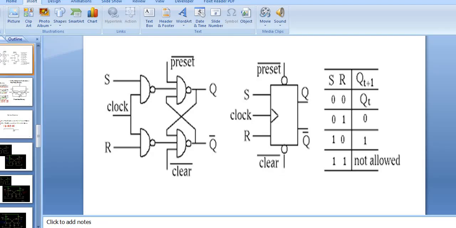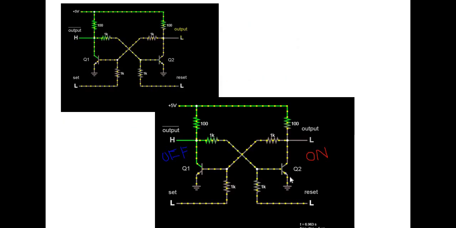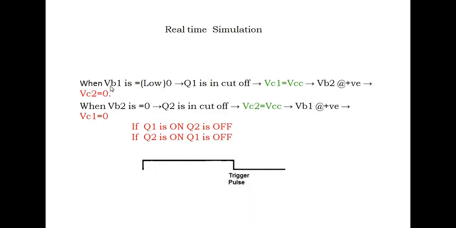So this can be explained in this way, right? When VB1 is low, Q1 is in cutoff, VC1 equals VCC. If VC1 equals VCC, VB2 is a positive voltage, VC2 is 0, right? When VB2 is 0, Q2 is in cutoff, VC2 equals VCC, VB1 is at positive voltage, VC1 equals 0.